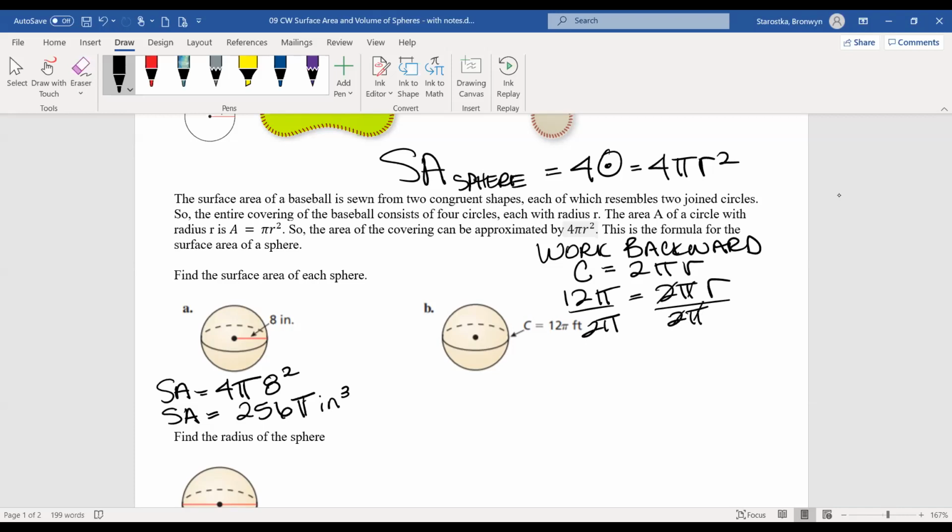And on the left-hand side, the pi's cancel. So 2 goes into 12 6 times. Our radius equals 6. Now we plug it into the formula. Surface area is 4 pi 6 squared. 36 times 4 is 144. So our surface area is 144 pi feet cubed.